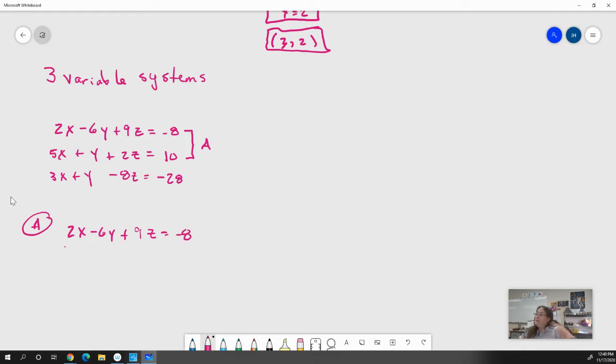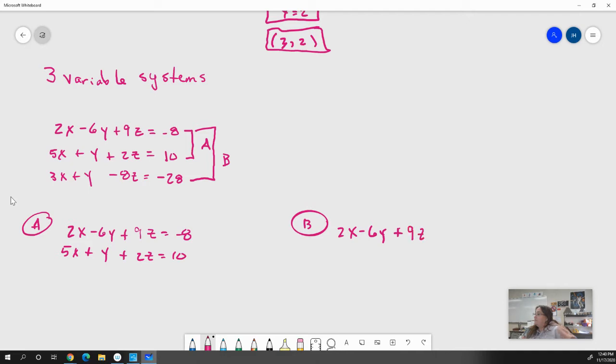And then over here, I'm going to have 5x plus y plus 2z equals 10. And then we're going to take one of the equations we just used, doesn't matter which one, and couple it with the equation we didn't use. And we'll call that our B set, right? So I'm going to do 2x minus 6y. I could have used either equation. It's okay.